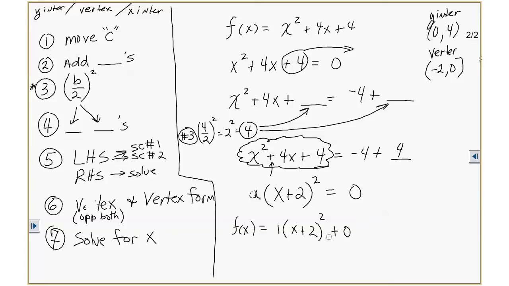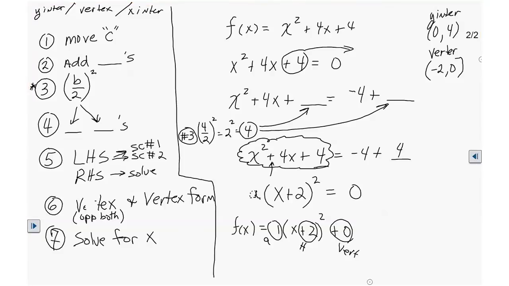Brought the 0 over and set it equal to f of x. And that is the form that you studied in Unit 1, where this tells you what? The orientation, that's A. This tells you what? Horizontal shift. And this tells you the vertical shift. Okay.